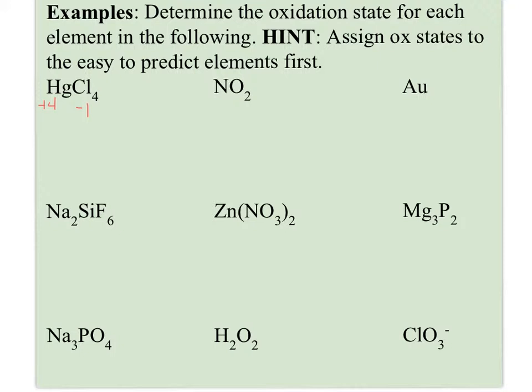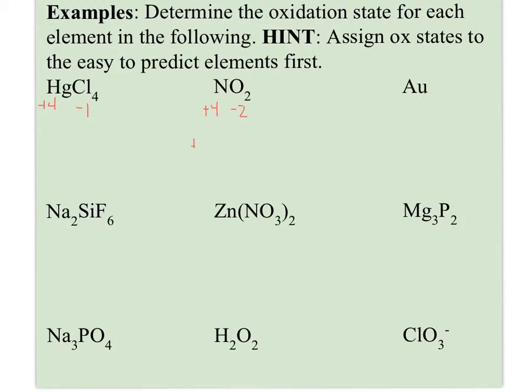NO2. Nitrogen is one of those flexible ones, so I want to save that for last. So I'm going to go ahead and do the O2 first. Oxygen tends to have a -2 charge to it, unless it's with fluorine or bonded to itself. So if it's -2 and there's 2 total, that means there's a +4 oxidation state for that nitrogen in order for this to be a balanced compound.